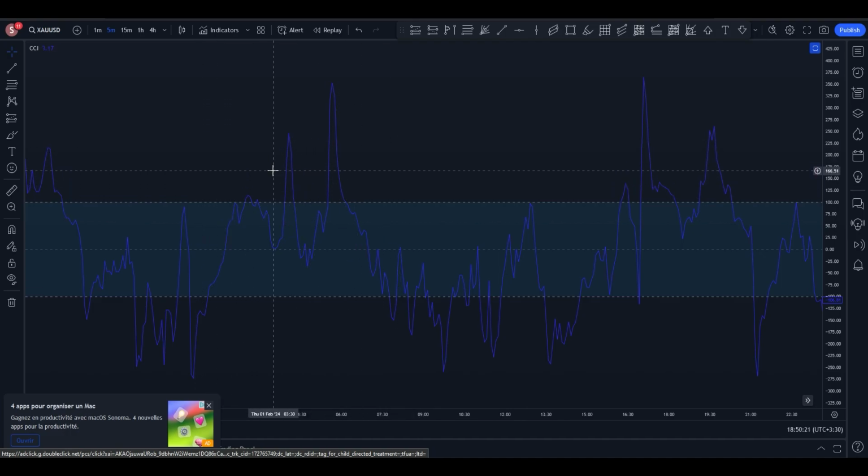For example, some traders use CCI above 50 as a sign of a very strong trend, and CCI below minus 50 as a sign of a very weak trend. Traders can adjust their strategies accordingly, such as using trend following or range bound techniques.